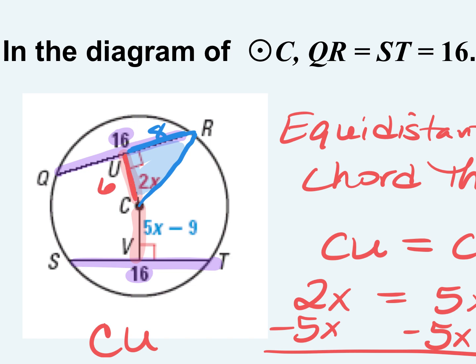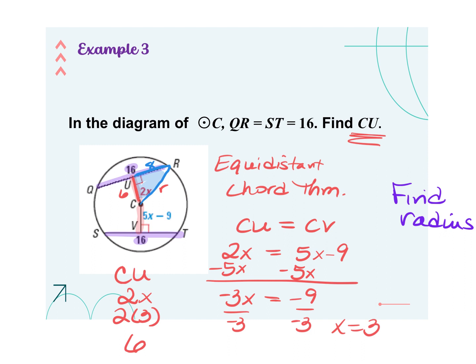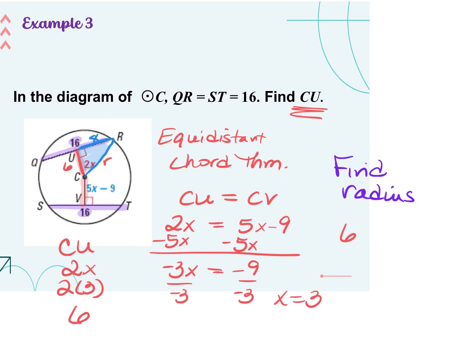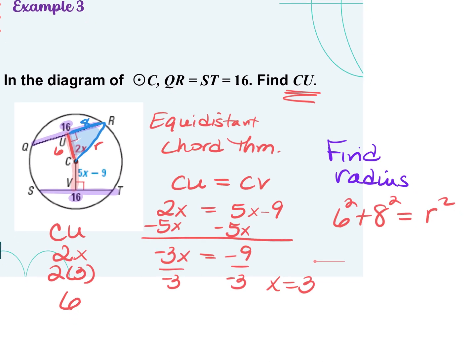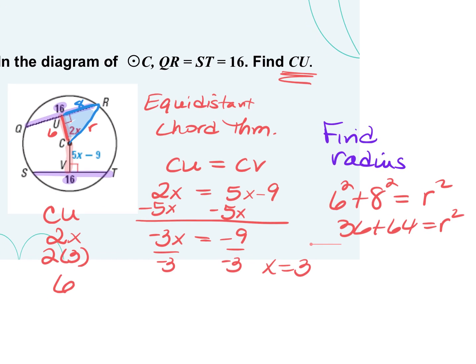So now to find the radius, which is really the hypotenuse, I'm going to do Pythagorean theorem. So I'm going to do 6 squared plus 8 squared equals the radius squared. 36 plus 64 equals the radius squared. 100 equals r squared.